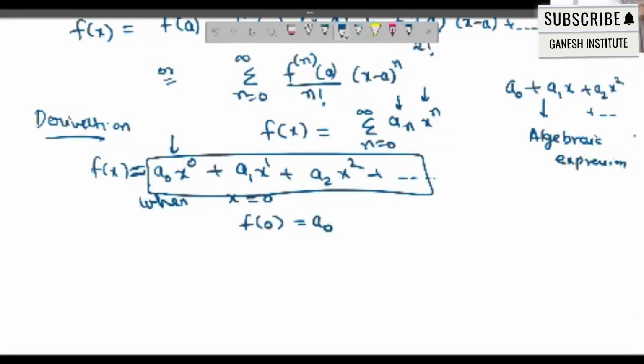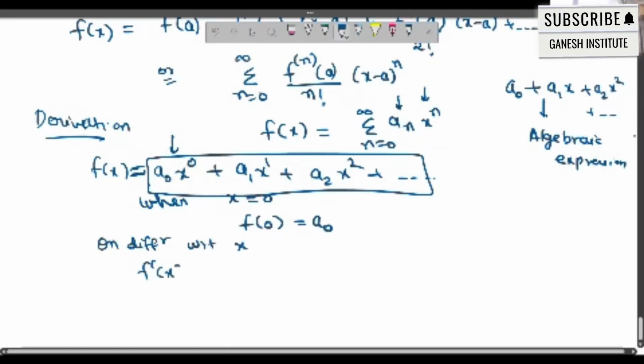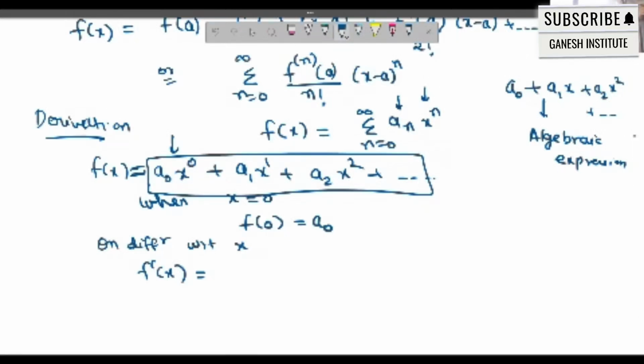Now let's do the differentiation with respect to x. What is happening? The derivative of the constant, f dash x, equals 0. Then for this expansion f(x), tell me the f dash x.